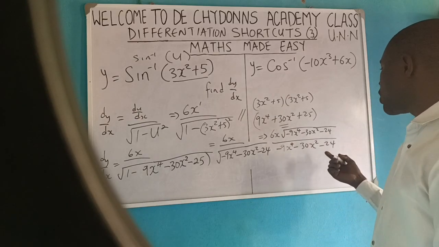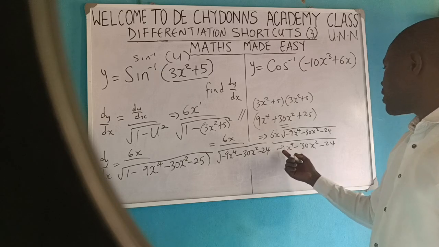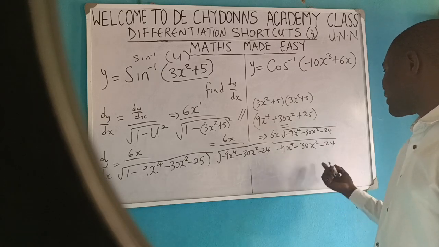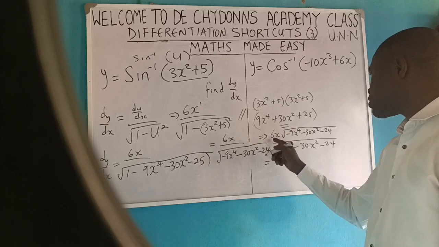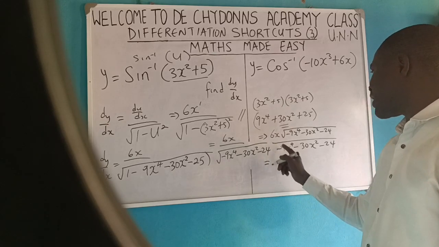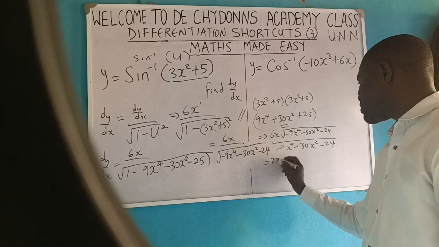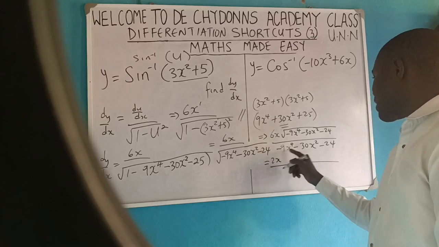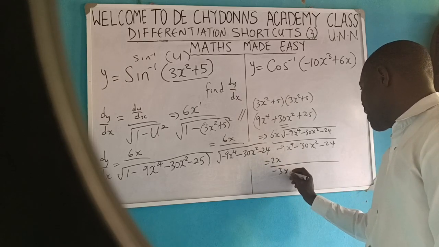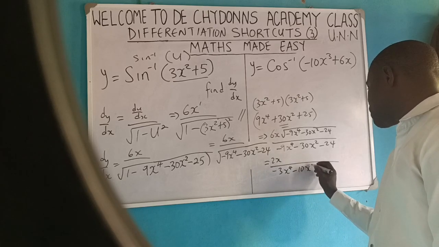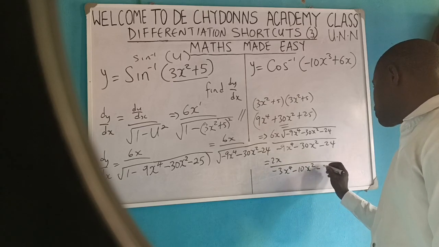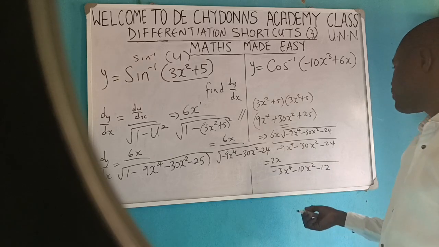If you are reducing to its lowest term, you will be reducing it by 3. 3 divide this, 2x. 3 divide this, minus 3x raised to power 4, minus 10x raised to power 2, minus 12.